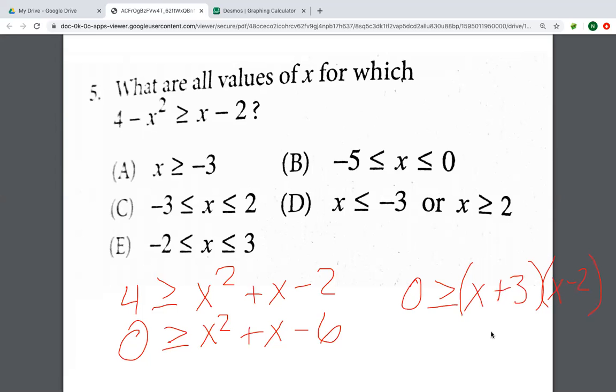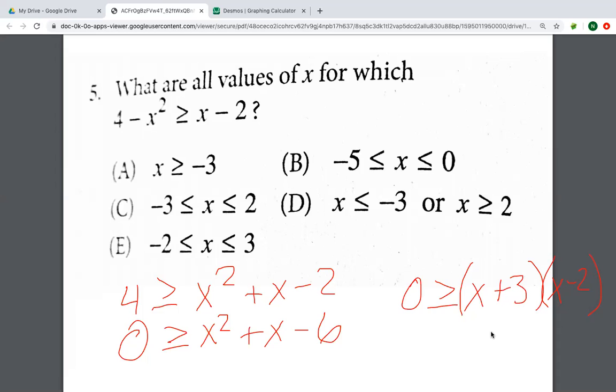Does that make sense what I did? Yes. So what I did first was I just moved it to one side and then I factored it. Okay, so I want my right side to be less than or equal to 0. If I'm multiplying two things together, if I want the whole thing to equal 0, what has to be true?